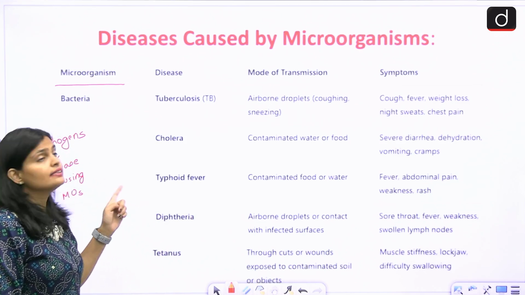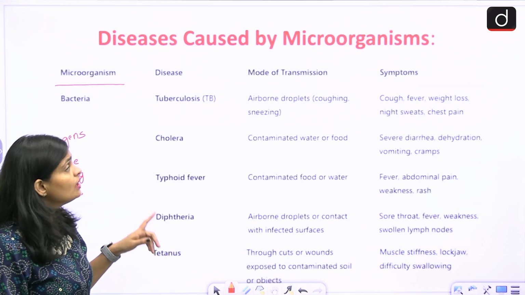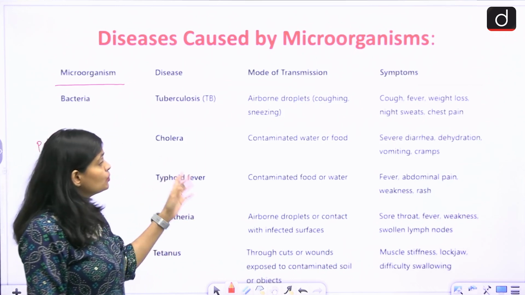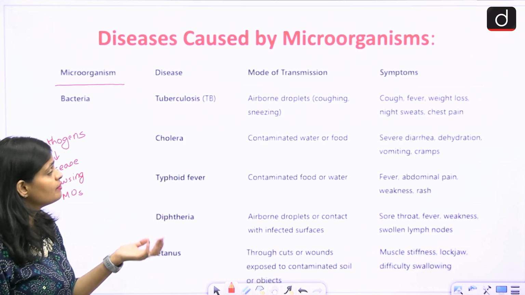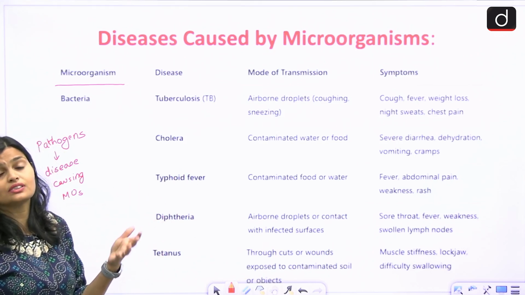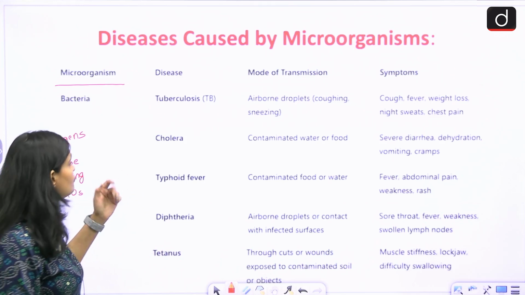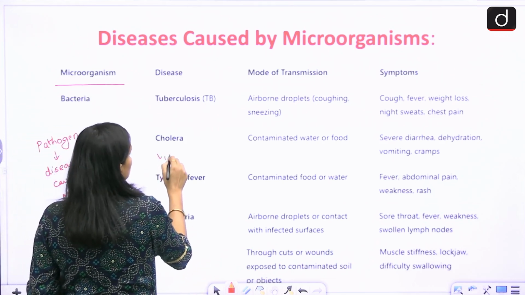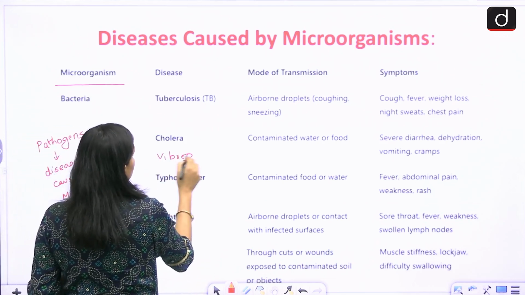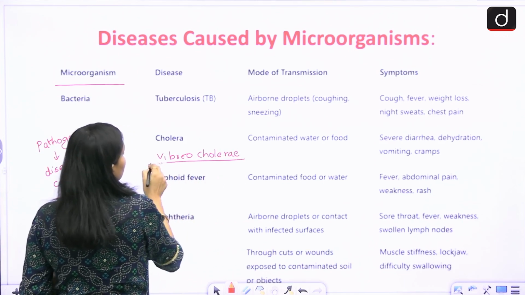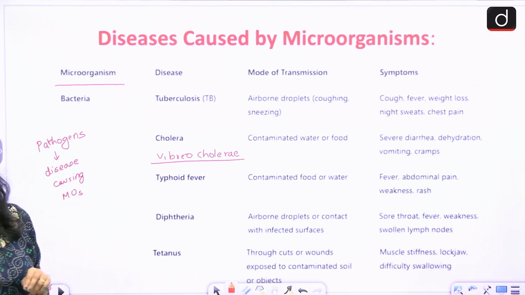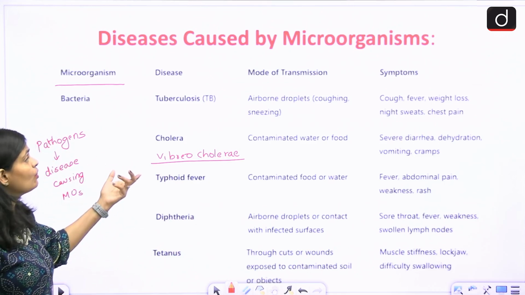Okay, the second type of question they will ask you is what are the modes of transmission, what are their symptoms, and what are their causative agents also. So if we talk about cholera, Vibrio cholerae. Okay, Vibrio cholerae causes cholera.